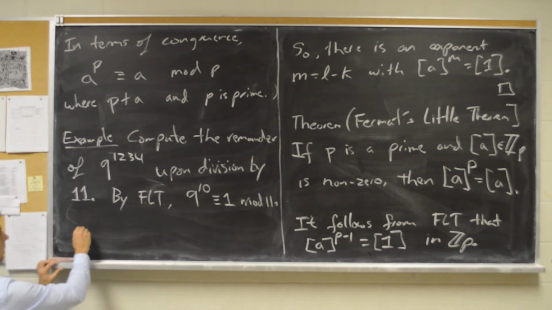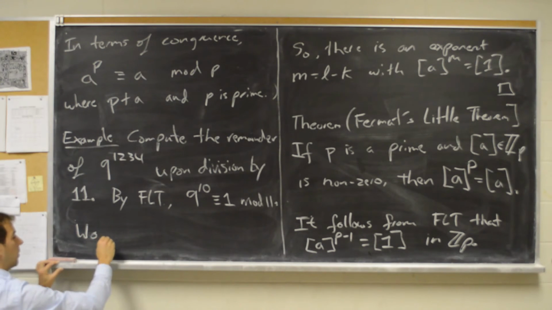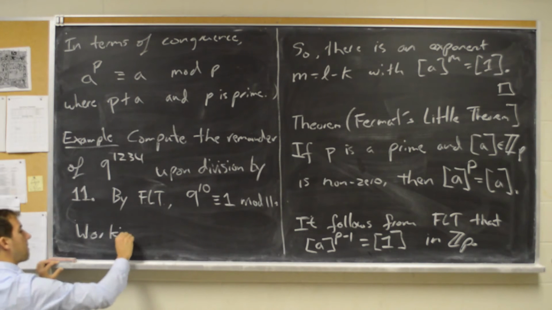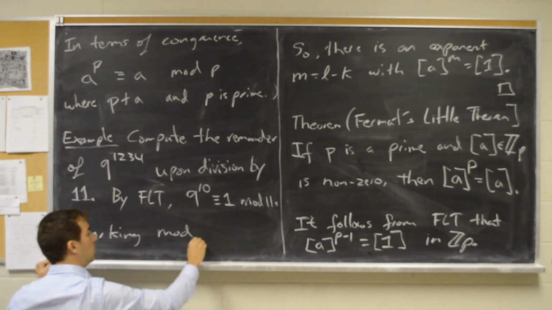So what is 9 to the 1234, working mod 11?